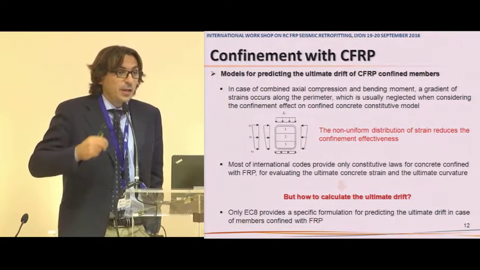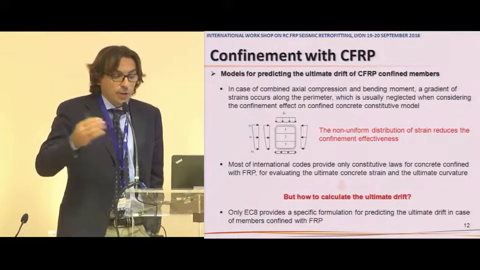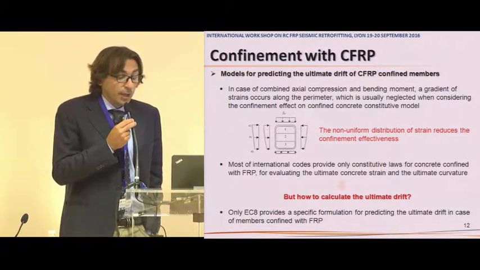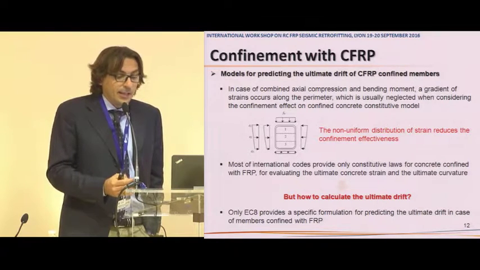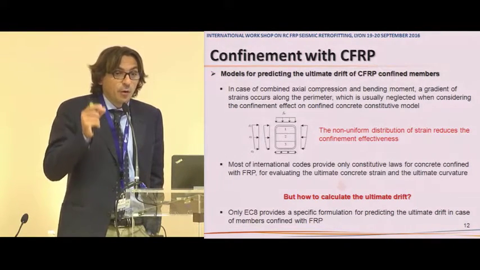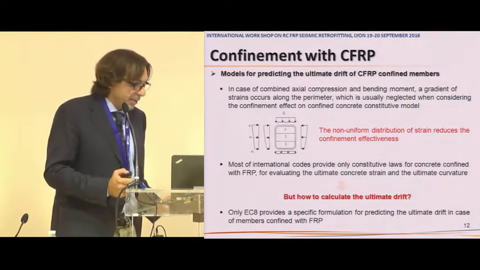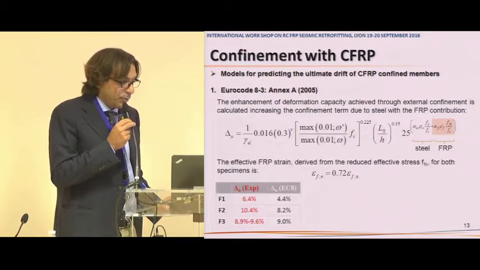compute the ultimate drift. In the FIB, CNR, ACI codes, so the other available international guidelines, we just have provisions related to the increase in terms of concrete strain. And this is the reason why the predictions are not always so good.